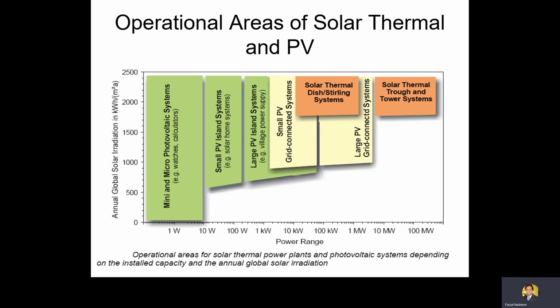So it means that the application of solar thermal technologies will be limited as compared to the photovoltaic system, because those areas around the world, which have an irradiance level greater than 1800 kilowatt hour per meter square, are fewer. And mostly these are areas generally close to the equator or which are deserts.